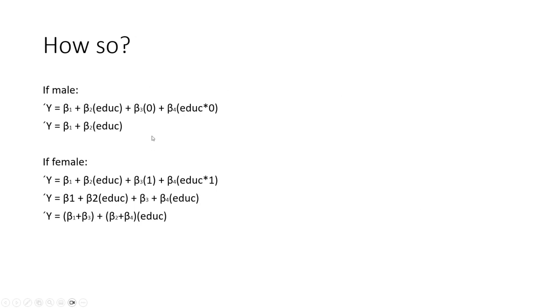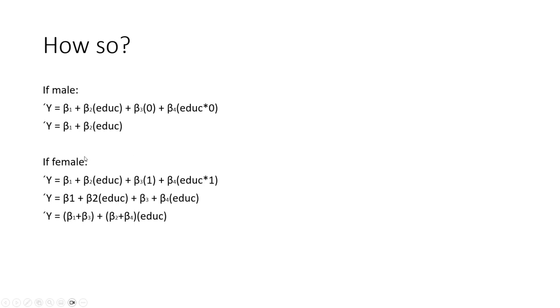Well, if I'm male, then the equation becomes y equals beta 1 plus beta 2 educ plus beta 3 times 0, because if I'm male, I'll get a 0 on the variable female, plus beta 4 educ times 0, because if I'm male, I will get 0 on the variable female.